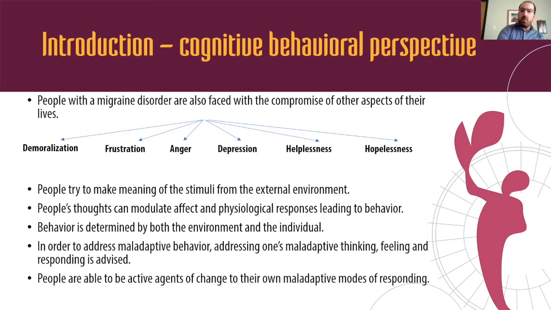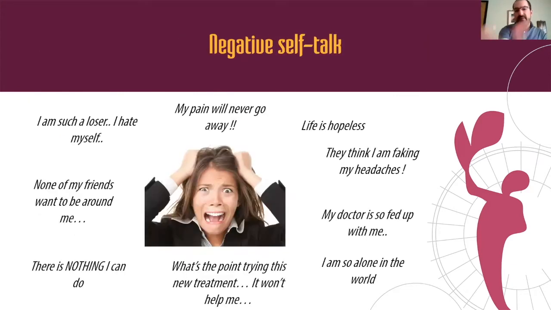And so when we look at negative self-talk or our inner critic, we have those things such as some of these examples shown here on the slides. When we have these repetitive things going on in our mind, such as my pain will never go away, or life is hopeless, or I'm so alone in the world, or I'm a loser, I hate myself.